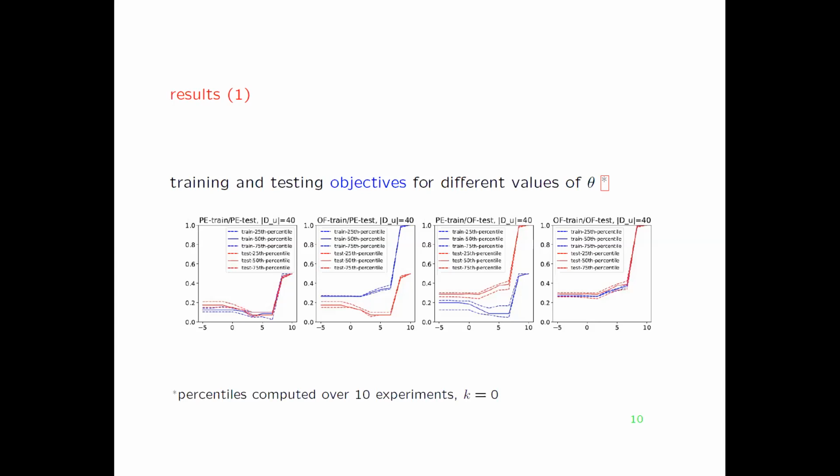This is a tiny difference, but you see that in the second plot, it looks like the minimum of the training objective is in a different position compared to the minimum of the testing objective. So this shows that the model that you get from the dissonant training is not the optimal one to do the task that you are supposed to do.